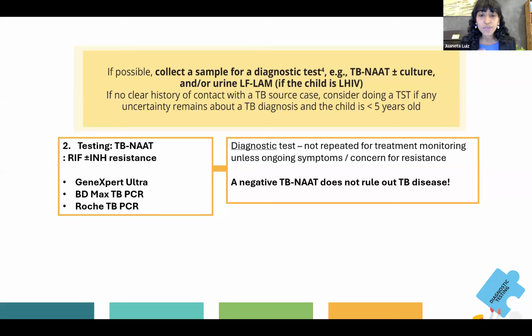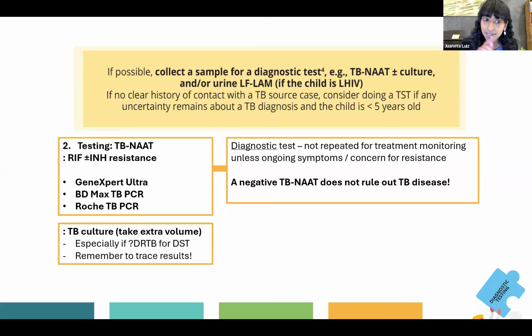Just to mention two important points about TB NAT. One is that it's a diagnostic test, so you can perform it at diagnosis, but it's not for treatment monitoring because it will detect dead or alive bacilli, unless you find ongoing symptoms or you have a concern for resistance, in which case it will give you a quick result about resistance. And the second very important point, both for TB NAT and for culture, is that a negative result does not rule out TB disease.